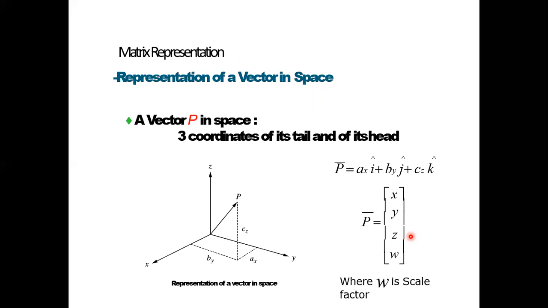Why do we go for matrix representation? If we store the values in a matrix, we can calculate using simulator software like MATLAB, so we can easily calculate. Simulators also define the different concepts the same way. Okay, this is the matrix representation.